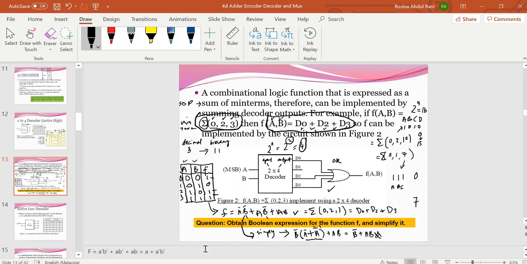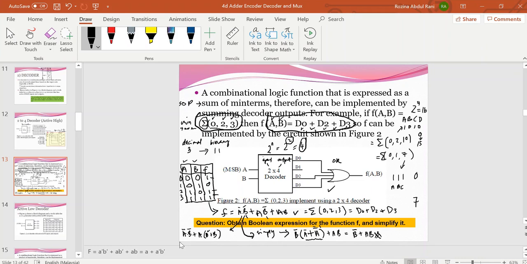Or we can have another Boolean equation. If you consider the other literal or variable, you can simplify like this. From here you can see that a bar dot b bar plus, here we have a as the middle variable, and we can simplify like this, b bar plus b.